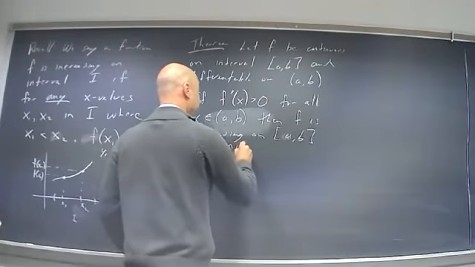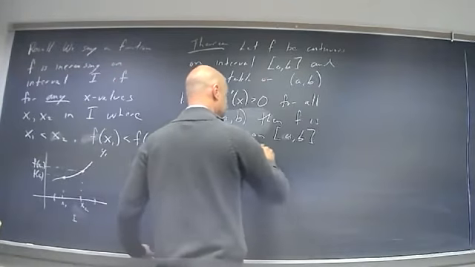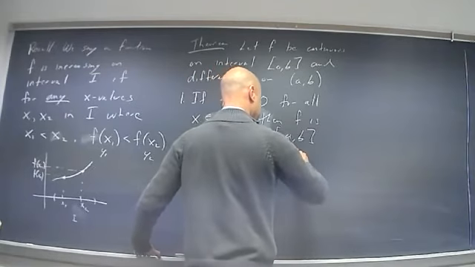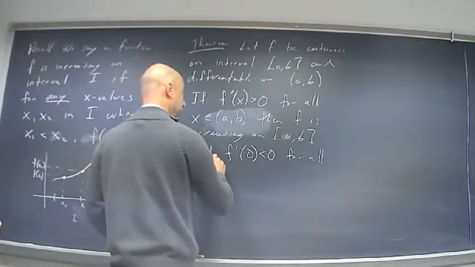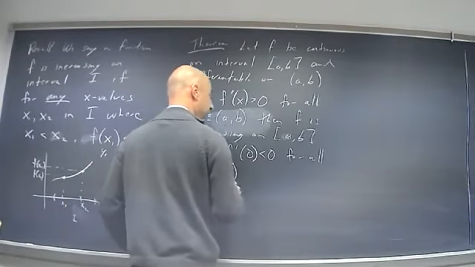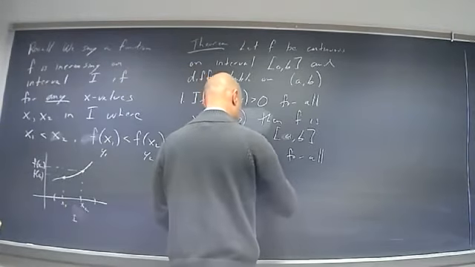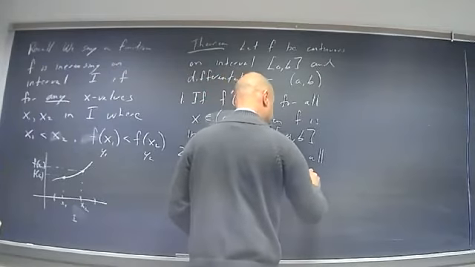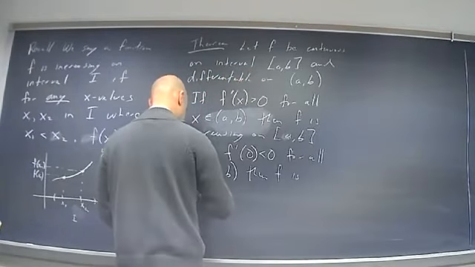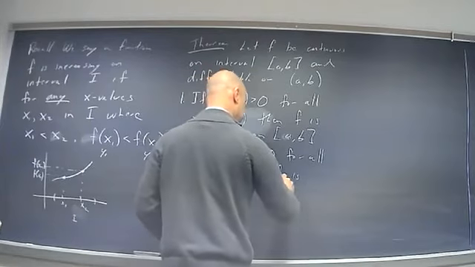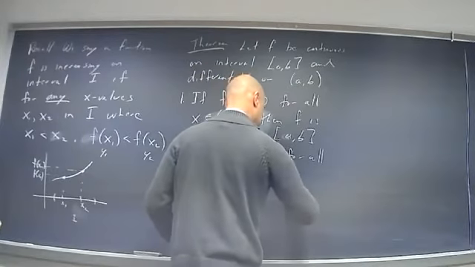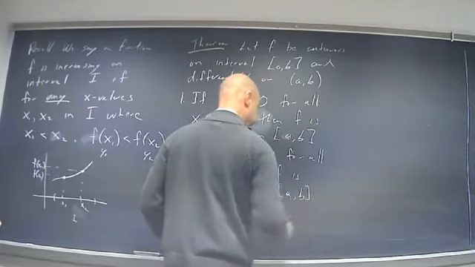If f prime of x is less than 0 for all x in AB, then f is decreasing on AB.